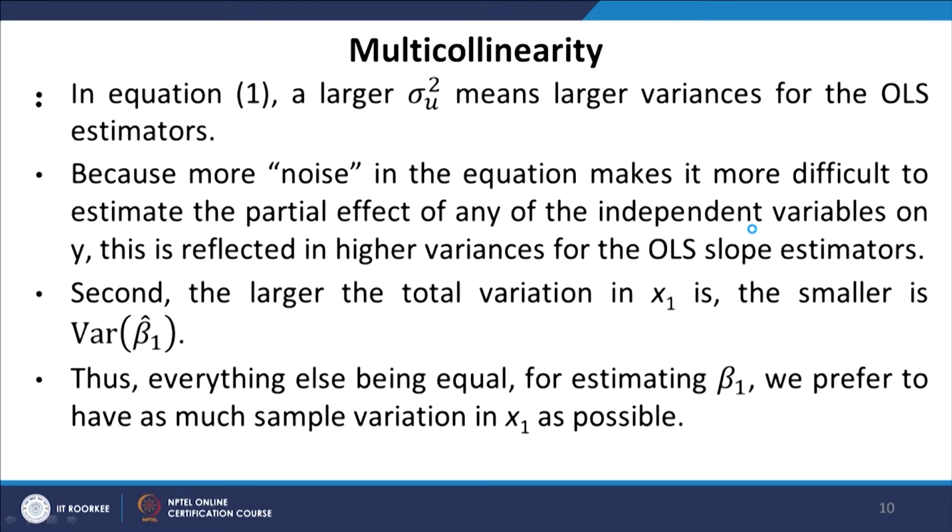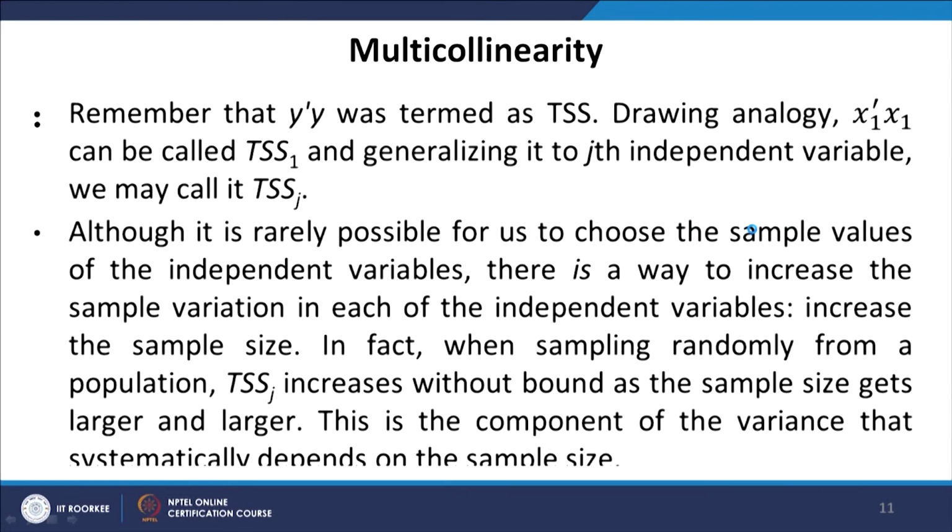Second, the larger the total variation in x1, the smaller is the variance of beta 1 hat. If you remember, x1 prime x1, measuring the total variation in x1, is in the denominator. So the larger the total variation in x1, the smaller the variance of beta 1. Thus, everything else being equal, for estimating beta 1, we prefer to have as much sample variation in x1 as possible.